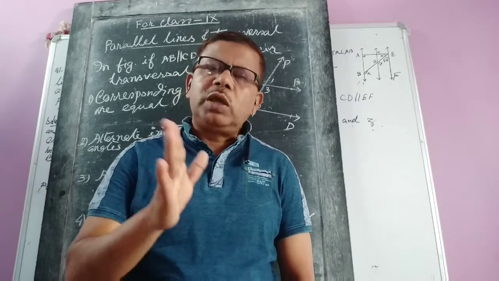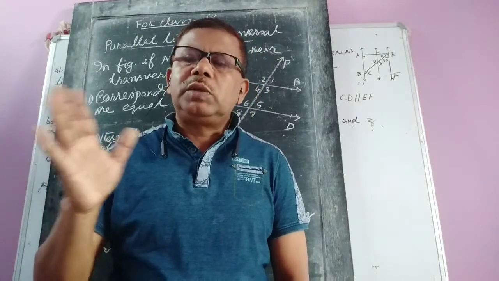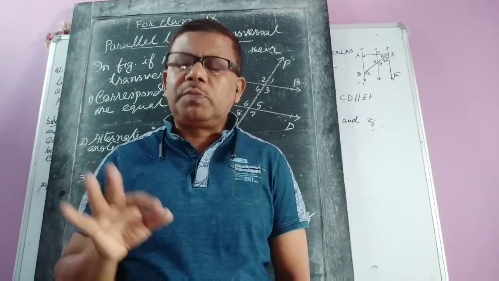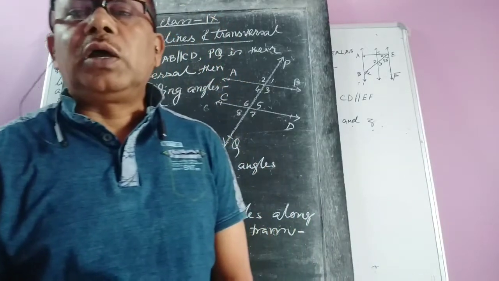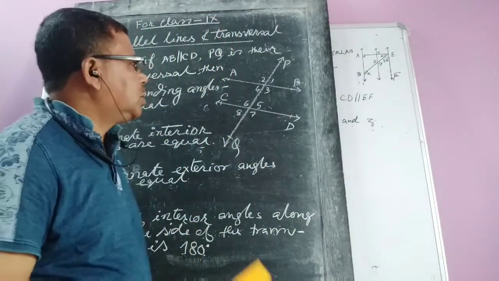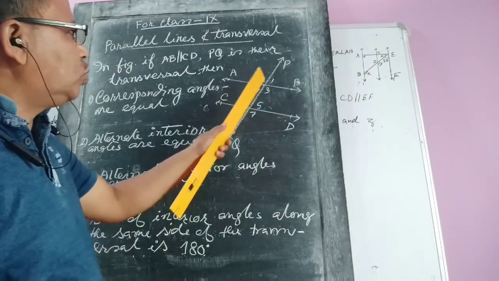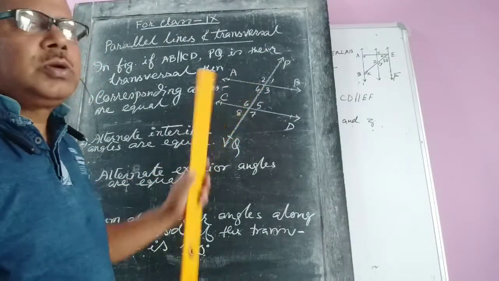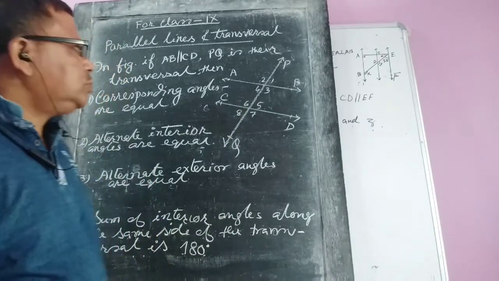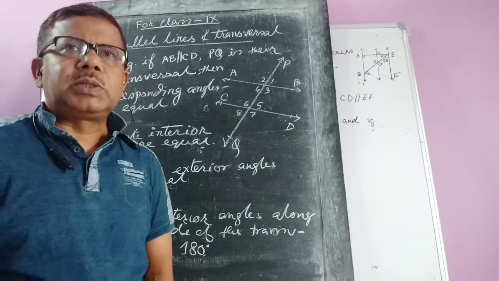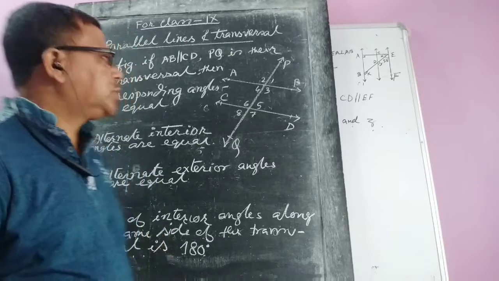Wheresoever we extend them, they never intersect. In the figure on the board we have two lines AB and CD, and PQ intersects them at two distinct points. So PQ is the transversal.